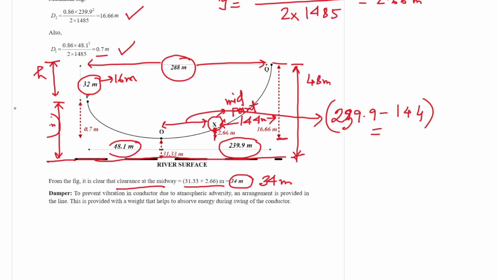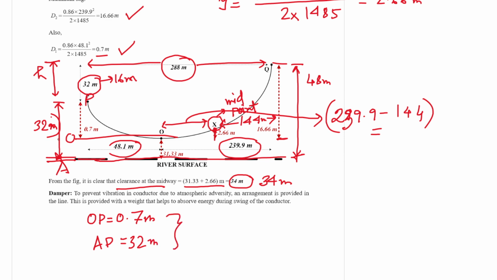And the distance from the water base to this point P is 32 meters. Let us say this water base is A, and these points are the same, basically O. So PO is 0.7 meter, and AP, this total length, is 32 meters.